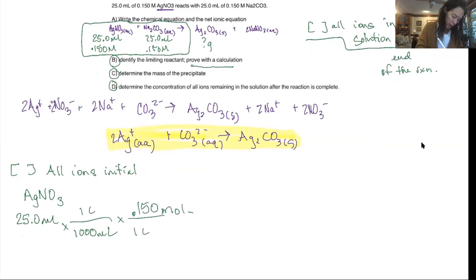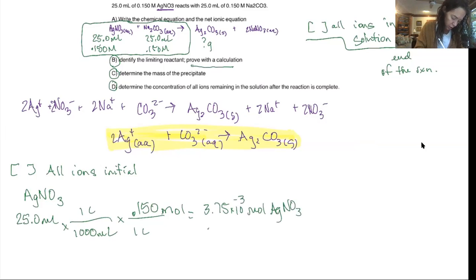All right, so I do have a calculator here. It would be 0.025 times 0.15, and that's 3.75 times 10 to the negative third moles of AgNO3.